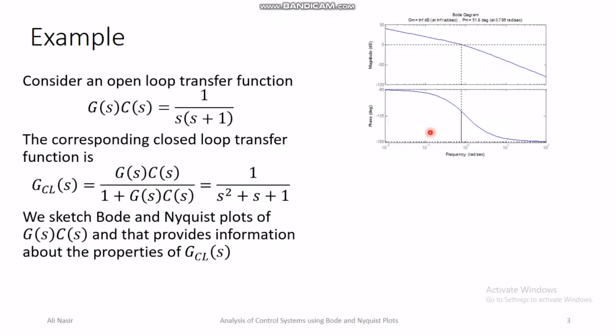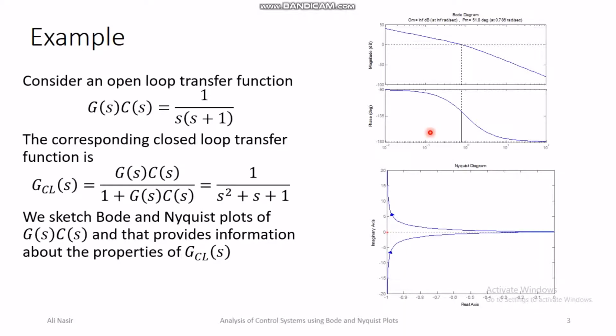Alright, so next is the Nyquist plot for the same transfer function, and in the Nyquist plot, on the x-axis is the real part of this open loop transfer function, and on the y-axis is the imaginary part of this open loop transfer function. So if you are to find the real and imaginary part of a complex number, then what you have to do is replace s with j omega and rationalize the denominator.